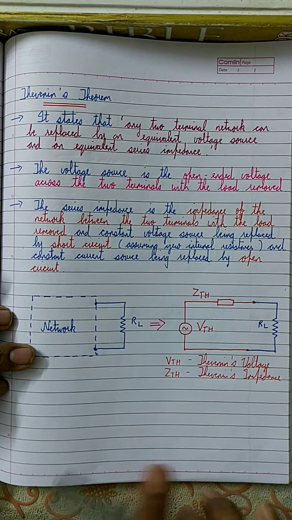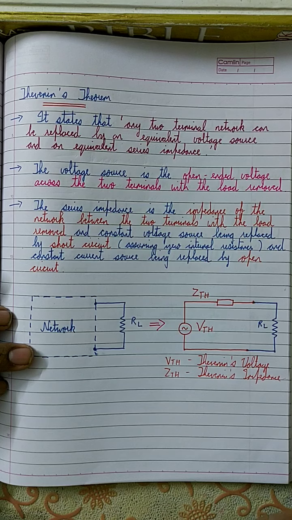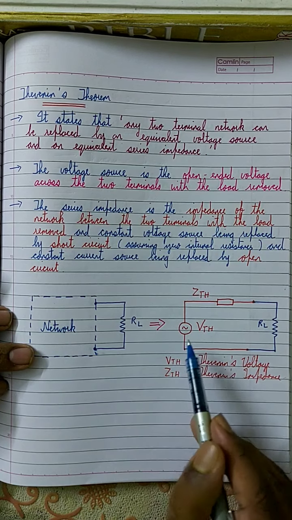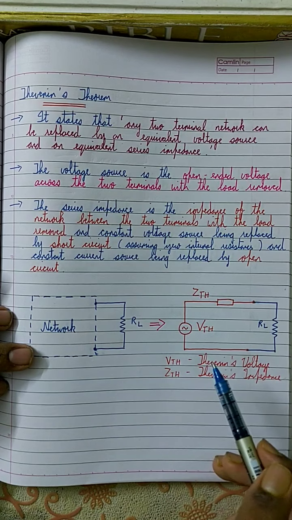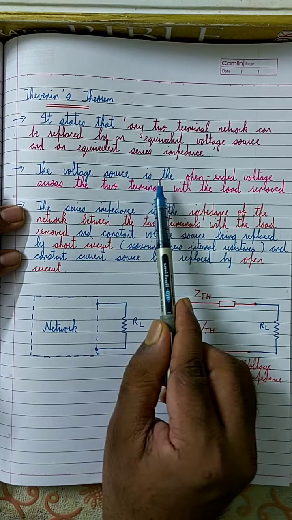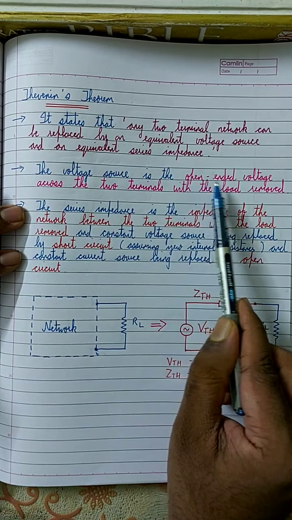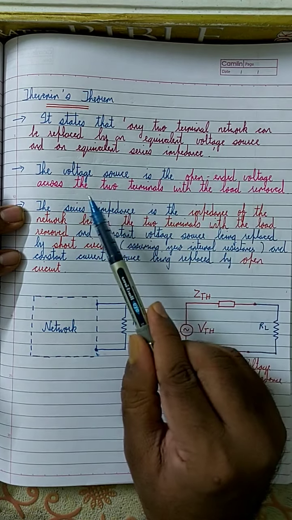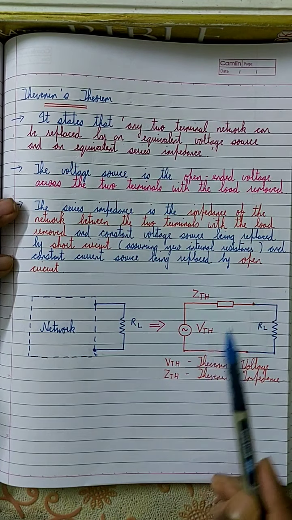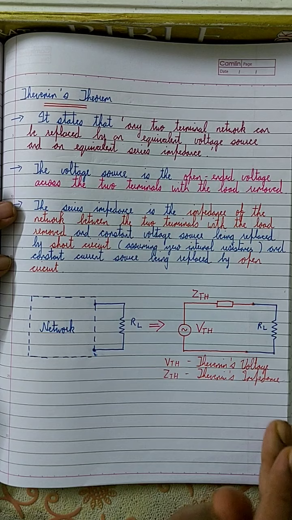Now what is the meaning of VTH, or how do you find the value of VTH? VTH is nothing but the open-ended voltage across the two terminals with the load removed. That is called VTH.